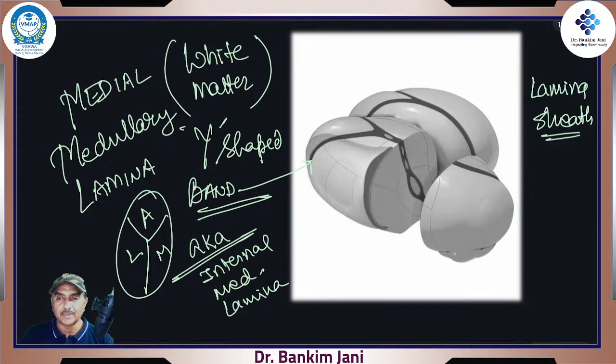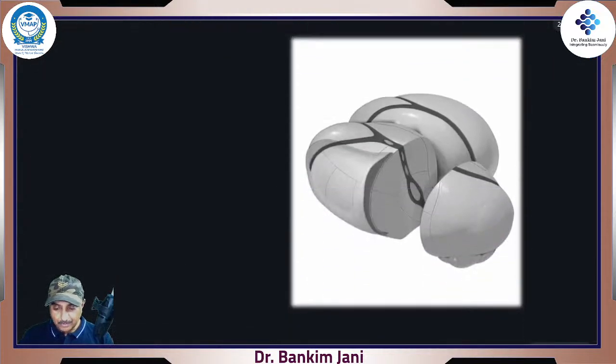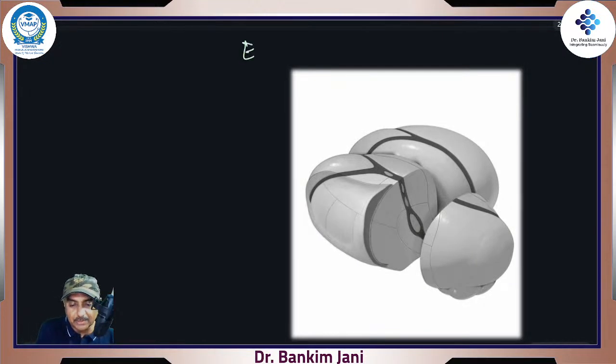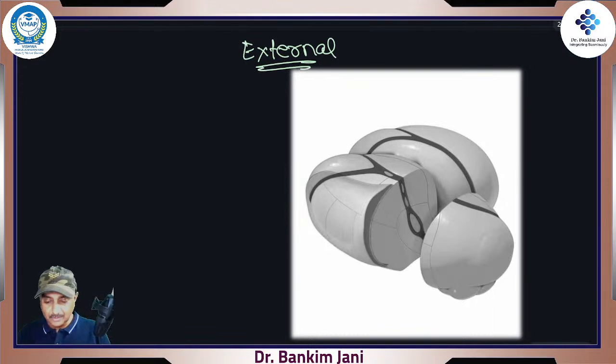So that's our Y-shaped structure. This is internal. For the external, what would be covering it? Now we are talking about the external landmarks or external features of the thalamus. We are watching two thalami together, left and right. If this is the lateral aspect, there is something covering on the lateral aspect.